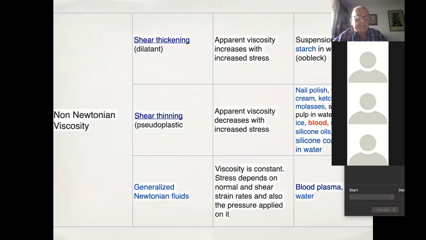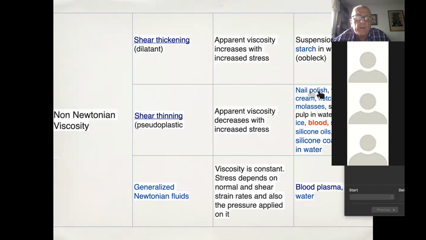Here I have a table which shows the non-Newtonian fluids, and they are generally of three types. Shear thickening dilatant fluids, where the apparent viscosity increases with increased stress. An example is what was shown in the movie, a suspension of corn starch in water, called oobleck. Then there are shear thinning pseudoplastics, where apparent viscosity decreases with increasing strain.